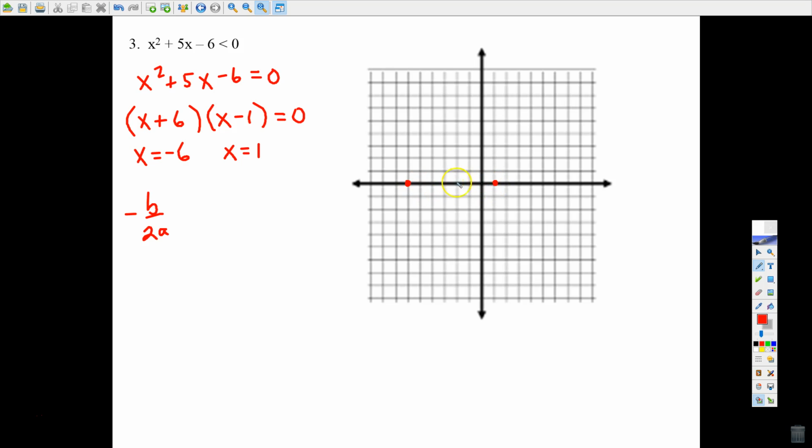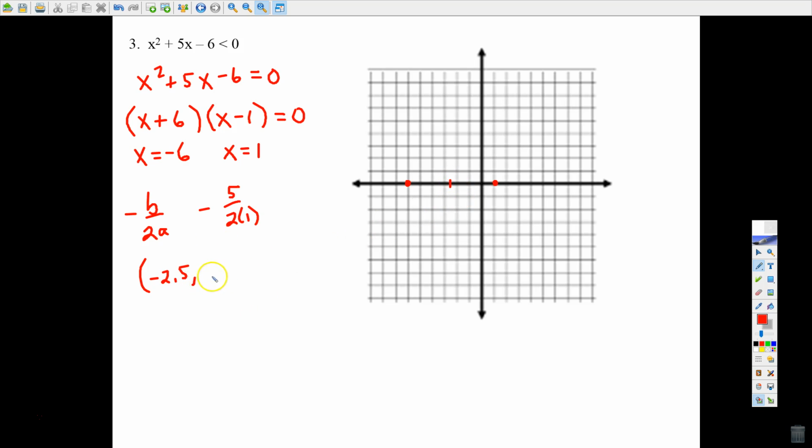They are 7 units apart, and that means it's 3.5 units to the midpoint, and so that would make the x-coordinate of the vertex -2.5, which you would also get if you use the opposite of b over 2a, -5/2. So we know the x-coordinate of the vertex is -2.5.